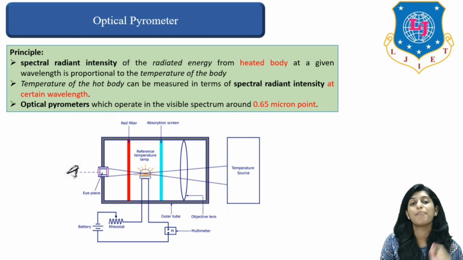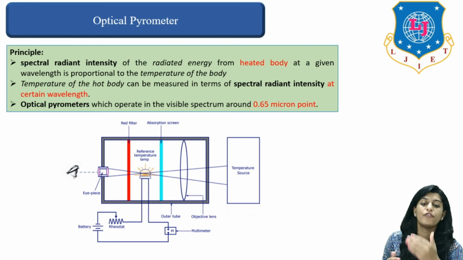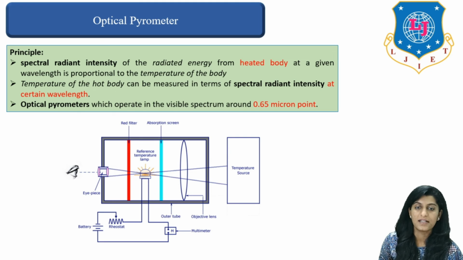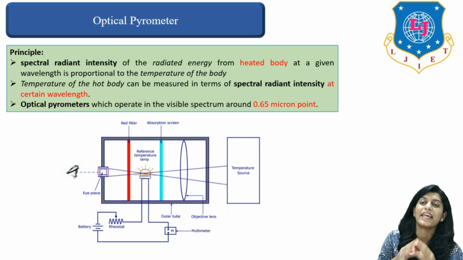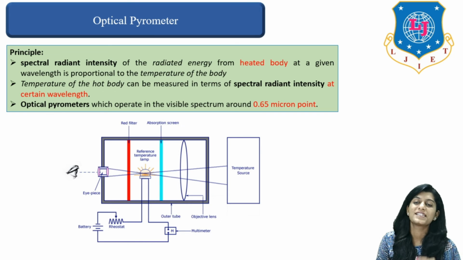This is the basic principle followed by the optical pyrometer. That is, the temperature of a hot body can be measured in terms of spectral radiant intensity at a certain wavelength. The optical pyrometer operates in the visible spectrum range, around 0.65 micron.